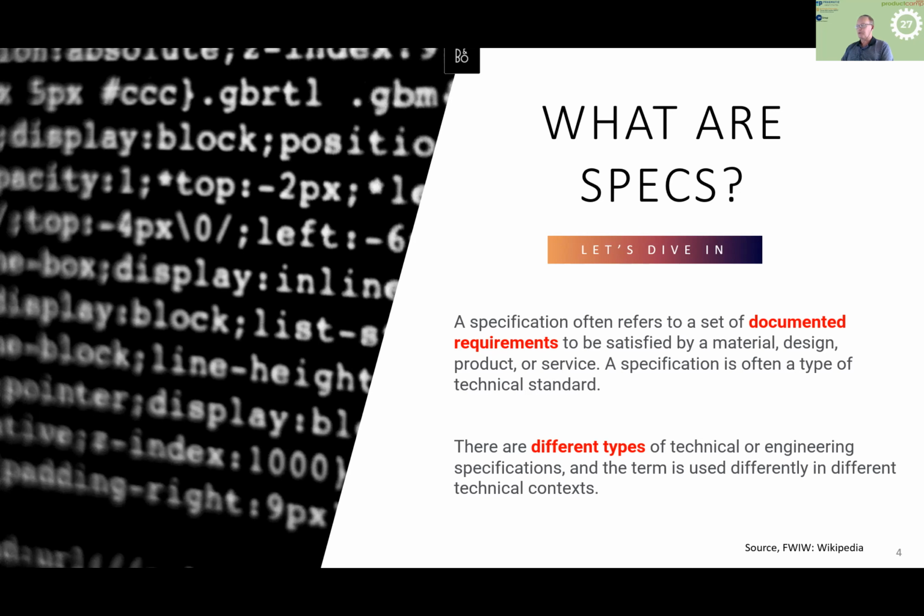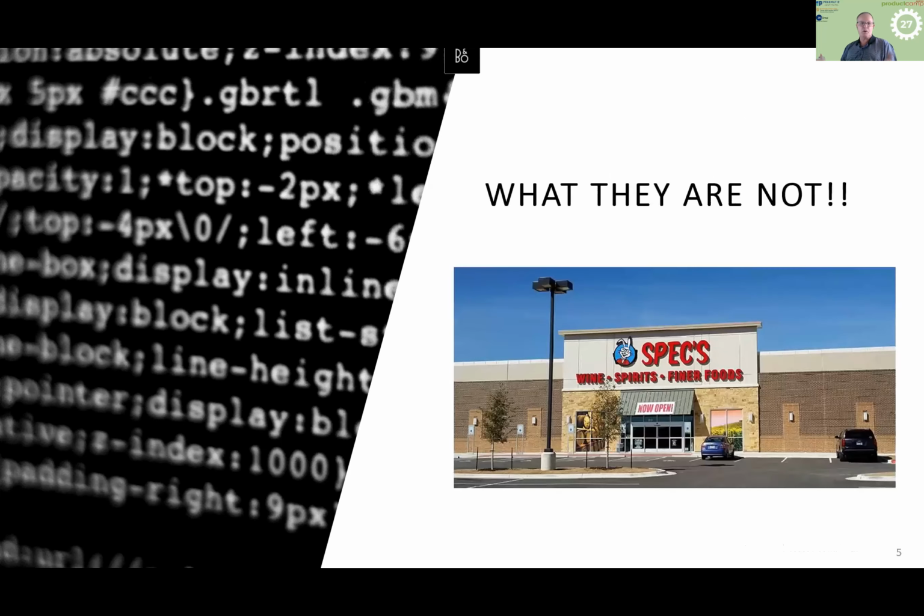They can take many forms, but they help shape the design of a product, what kind of materials or coating might need to be used, and how supply chain or delivery of software, product, or services is dictated. And there are all these different types. Here's, by the way, if you're not from Texas you wouldn't get this picture, but we're not talking about Specs, the liquor store.